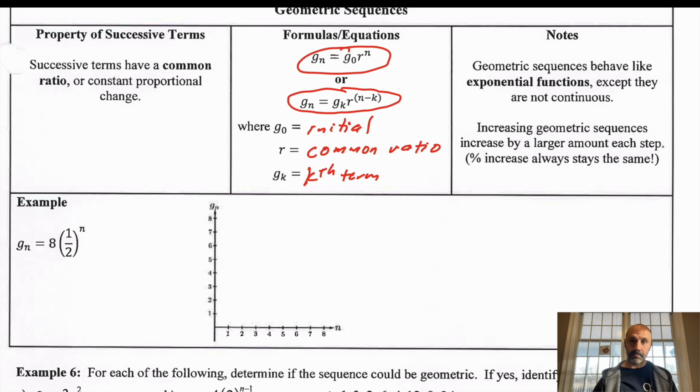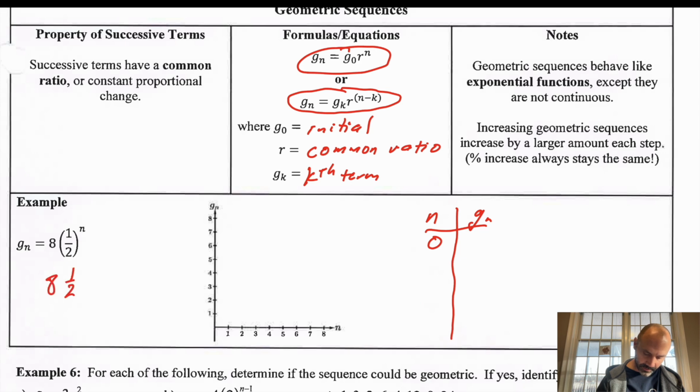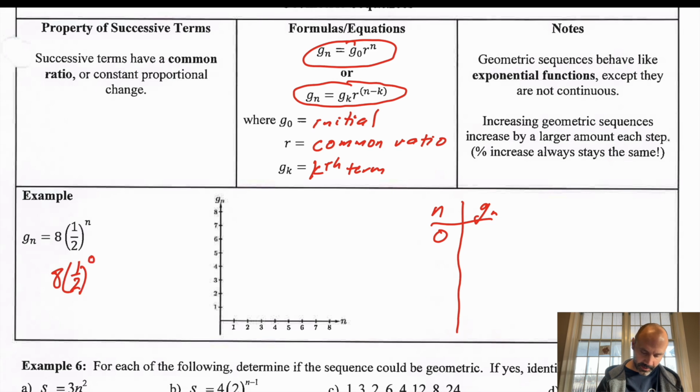Here's an example they give us, where g of n equals 8 times 1/2 to the n power. 8 is the initial term, and you can see that because when you plug in 0, this would be 8 times 1/2 to the 0 power, but anything to the 0 power is just 1.